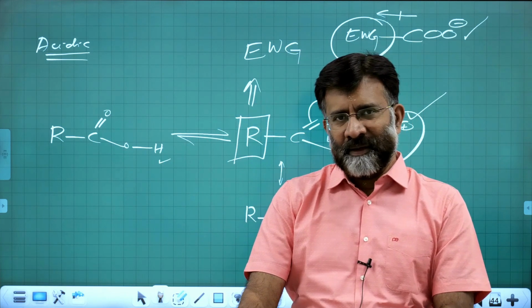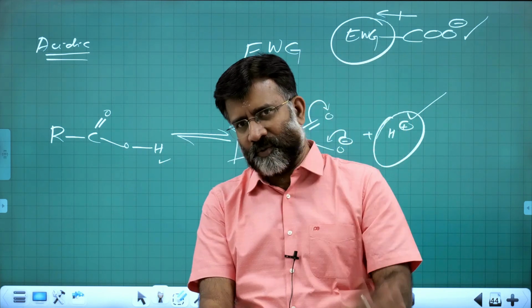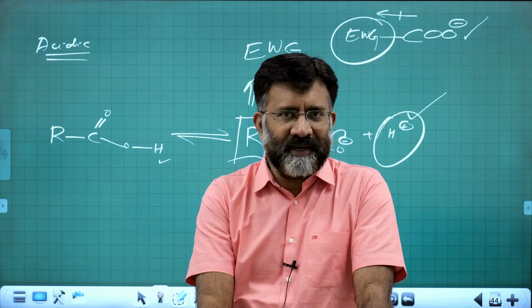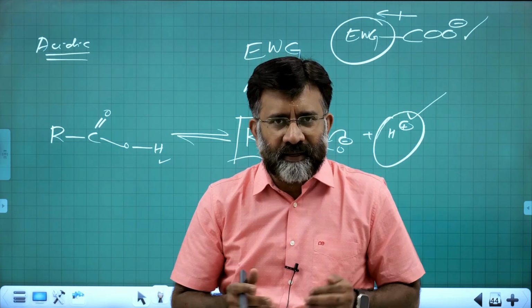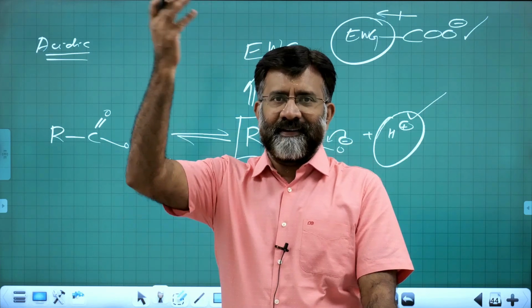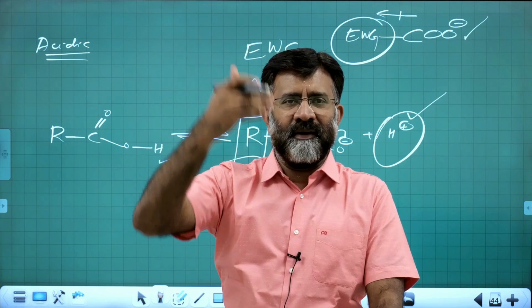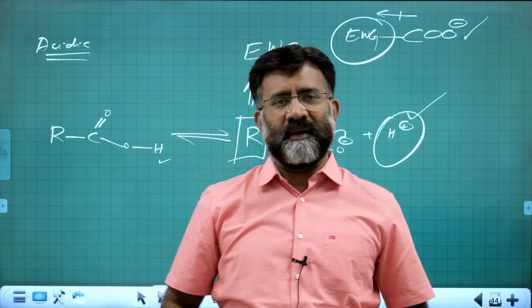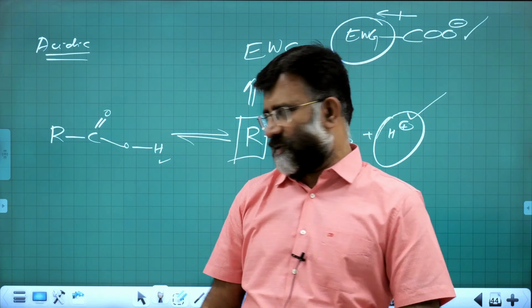I repeat, the presence of an electron withdrawing group will cause greater stability of the carboxylate ion, which will increase the acidic nature of carboxylic acid. Ka will increase, pKa will decrease. You know, greater the Ka value, lower the pKa value, stronger the acid. All of you know that.